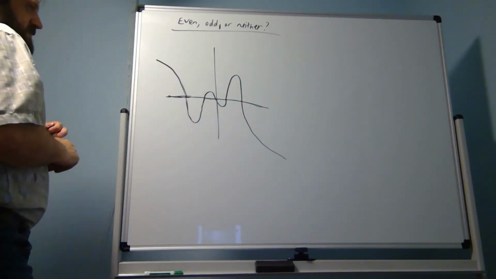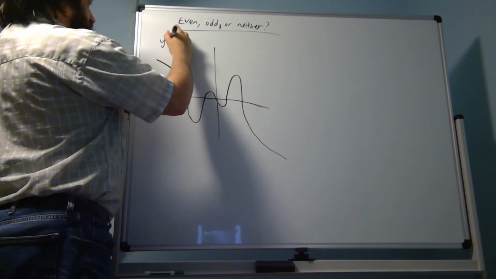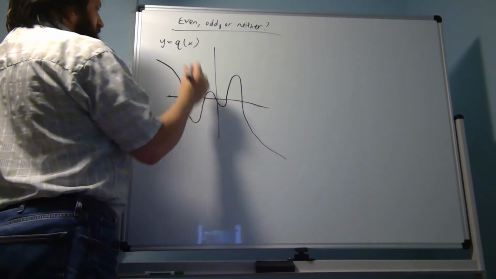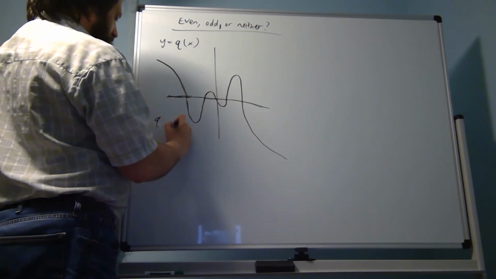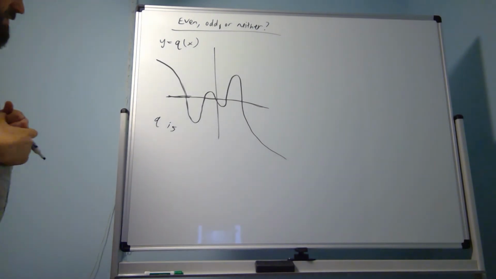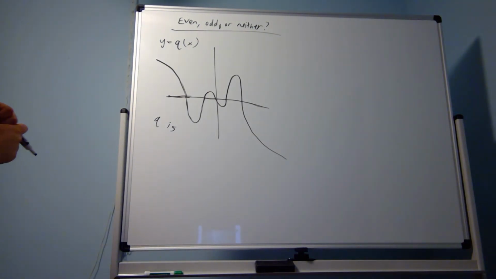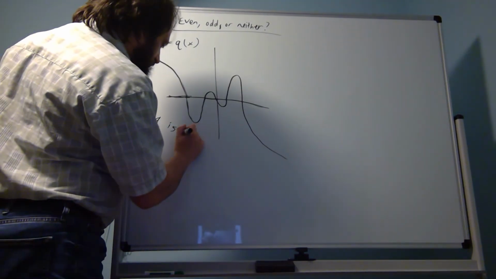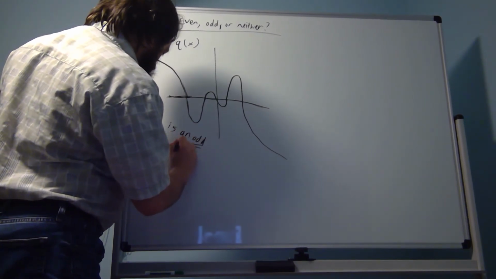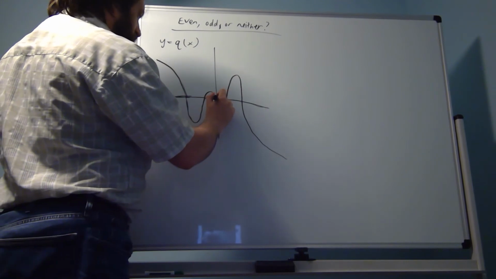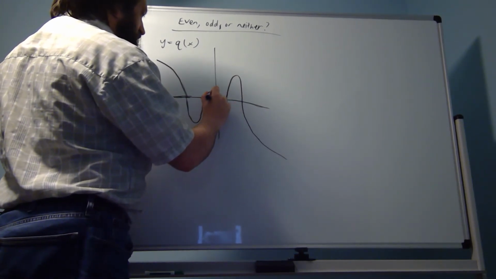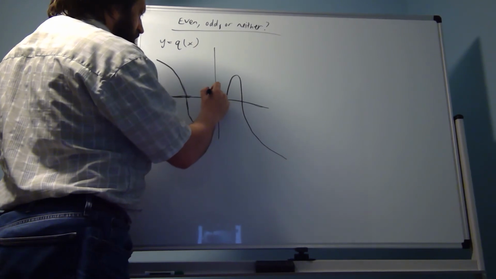I just wanted to do it quickly, but if this is y is equal to q of x, and q is, well, what is that one called, remember? Yeah, that one's called an odd function. So you plug in x, you get f of x, you plug in minus x, you get the negative of that.